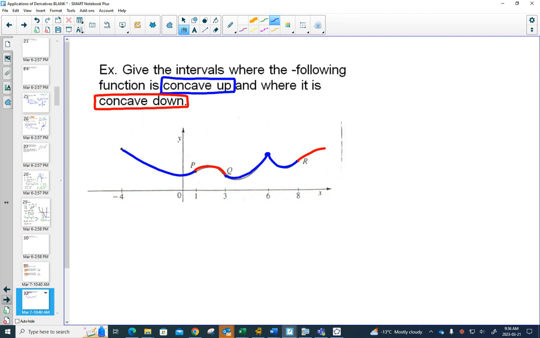This is interesting because even though this graph would be continuous for the whole thing, there is a non-permissible value for your derivative at this point. The reason is that if something is allowed, then like right here at Q, I can find a tangent and I can find its slope. But at this point right here, I could draw a tangent here, I could draw another tangent that way.